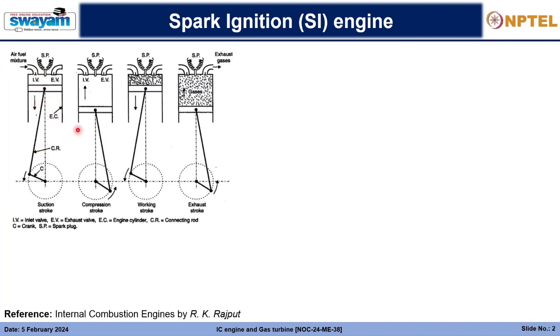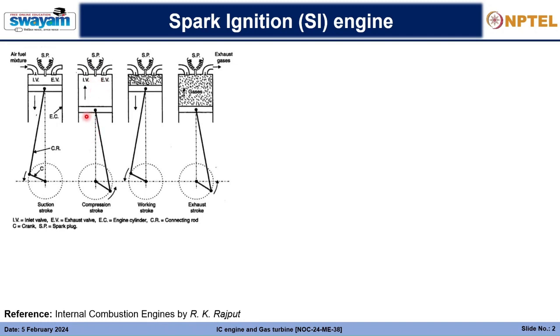During the next stroke, the compression stroke, the inlet valve closes, the exhaust valve closes, and as the piston moves up, it compresses the air fuel mixture, the charge, and accordingly the pressure and temperature increase. The fuel used and the compression ratios in which these engines operate are not quite high, and cannot self-ignite the fuel mixture. As a result, you need an extra source of energy, the spark produced by the spark plug, in order to ignite it.